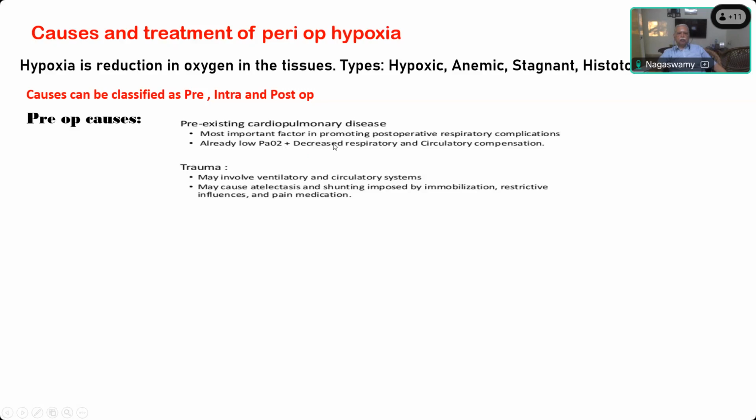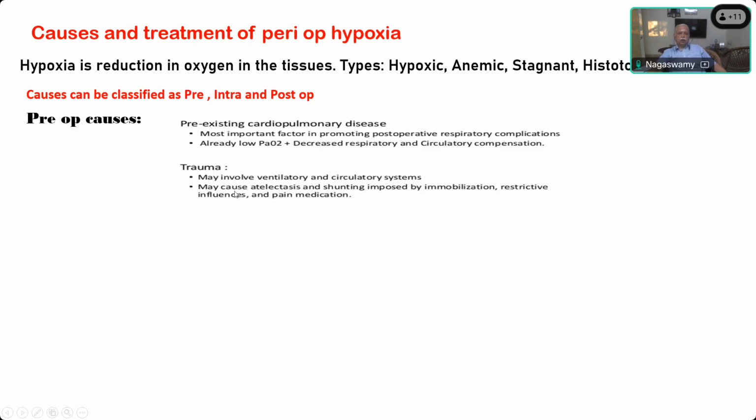The most important factors: they may have respiratory conditions like chronic bronchitis or COPD, where they have an inherent low saturation and low oxygen levels even before the surgery, already a low PaO2 or decreased respiratory or circulatory compensation. The second important preoperative cause is trauma.